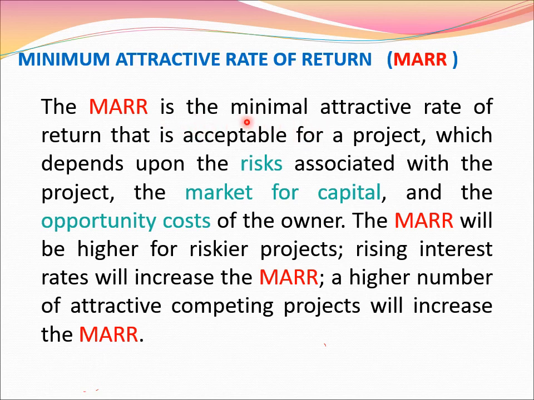It is the minimal attractive rate of return that is acceptable for a project, and this MARR depends on the risks associated with the project, the market for capital, can you find the initial investment amount from banks or other institutions quickly and easily, and what is that interest rate, etc. And also the opportunity cost of the owner.